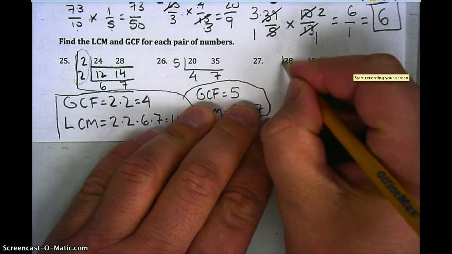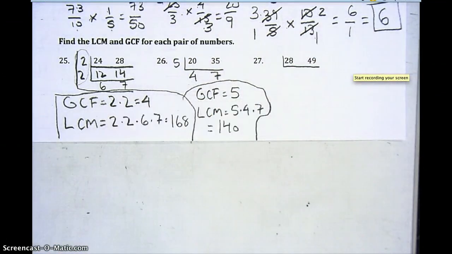So I make my upside down division bar, and I ask myself what goes into 28 and 49. I know the factors of 28 are 1, 2, 4, 7, 14, and 28.